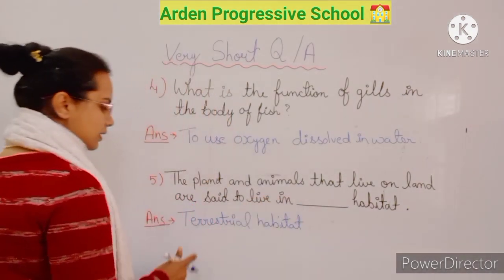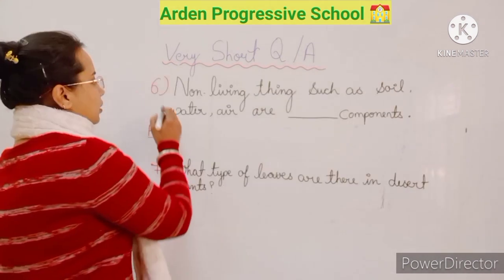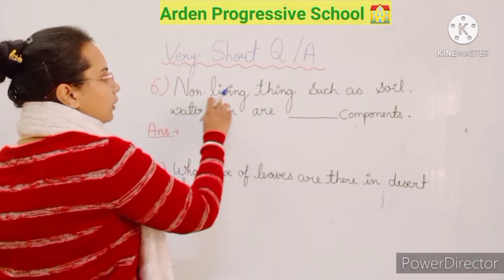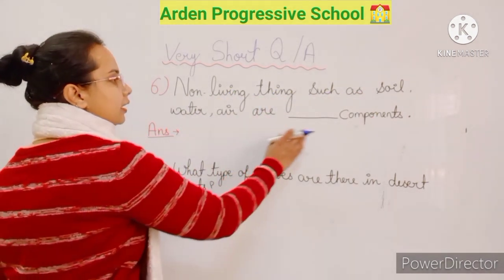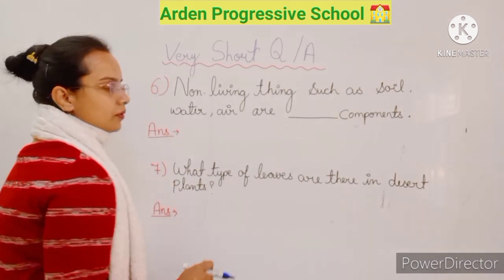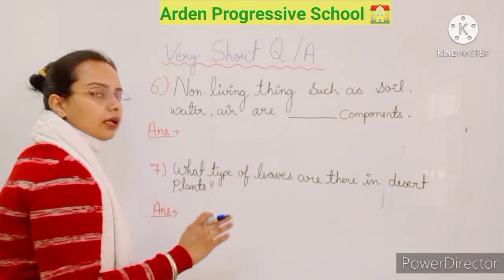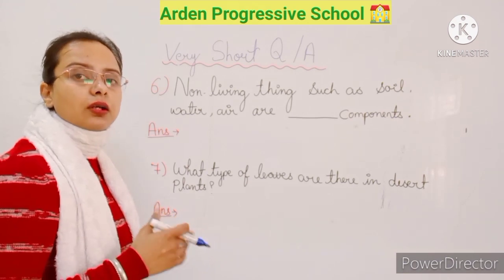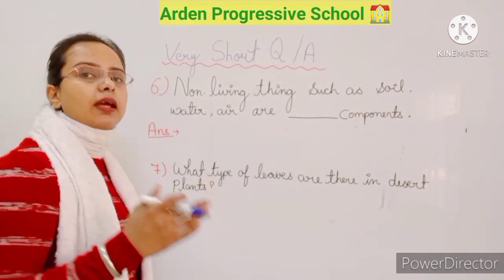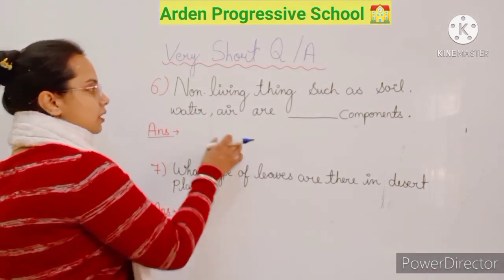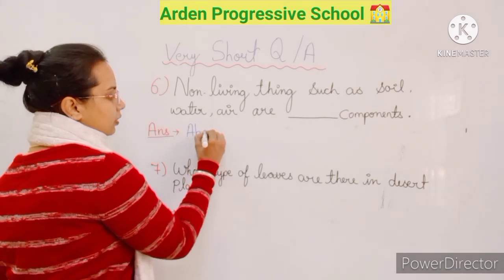Understood? This is the terrestrial habitat. Now question number 6 is non-living things such as soil, water, air are dash components. As you can see, soil, water, air are abiotic, meaning they are non-living things. So the non-living things are the abiotic components.